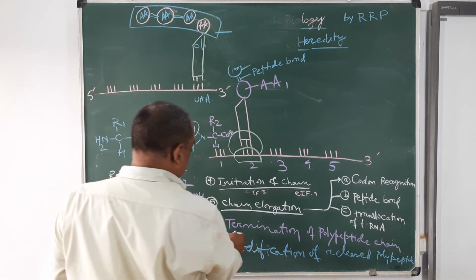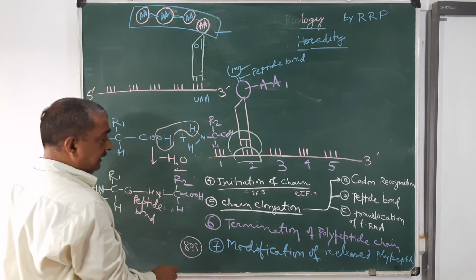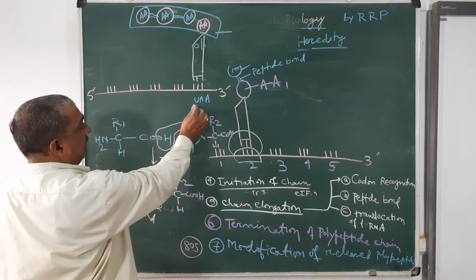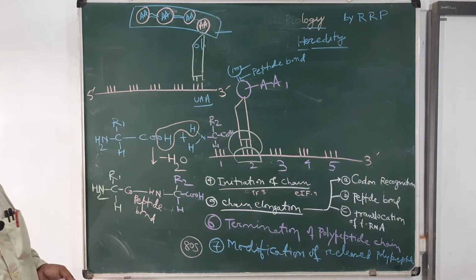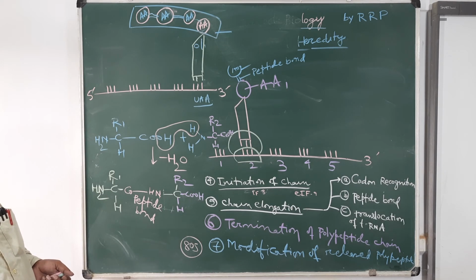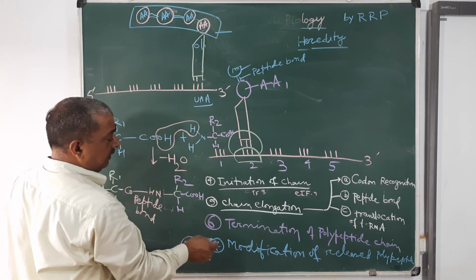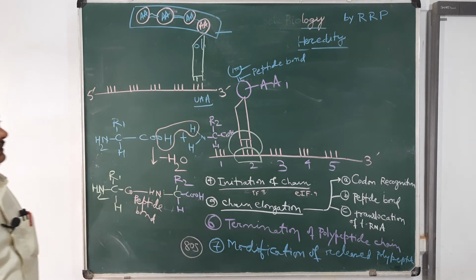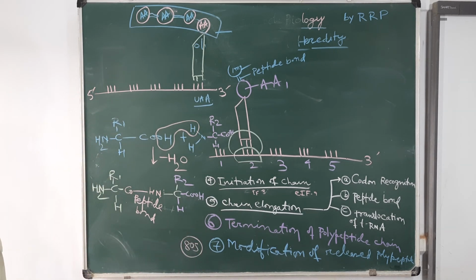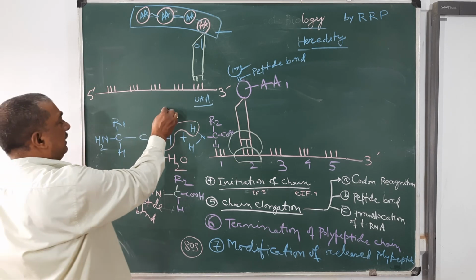The sixth point is the termination of the polypeptide chain. It is brought about by UAA, UAG and UGA. When any one of them comes, termination of the polypeptide chain is brought about. They are called termination codons.